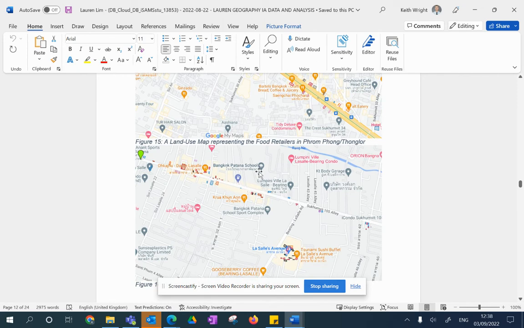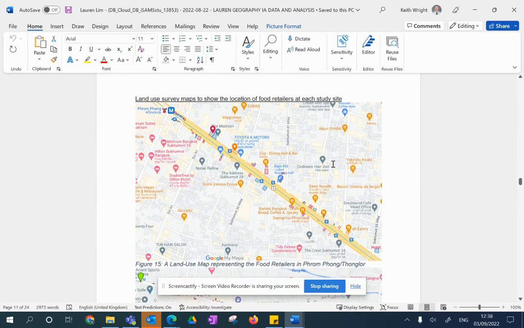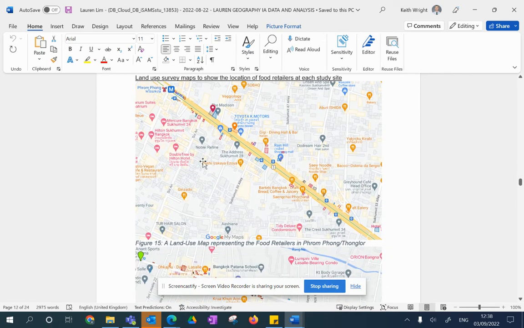So maybe add some arrows around here to show. I think we've got there. I mean, why are cafes up there bigger? So you've got a key. This space here. Don't put cafes there. Make all these the same size. Presentation is really important, and because some of these are quite small, just add arrows around there.